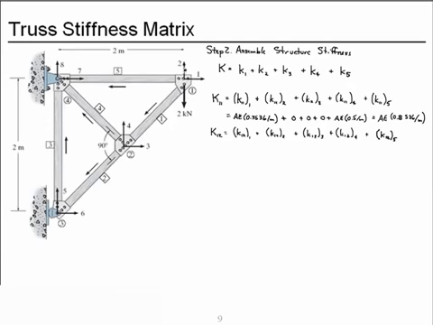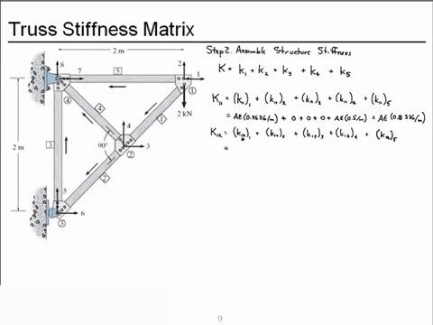So when we look at degrees of freedom 1 and 2, that is the force generated at degree of freedom 1 due to unit deformation at degree of freedom 2, again, we expect members 2, 3, and 4 not to contribute. So let's check that.